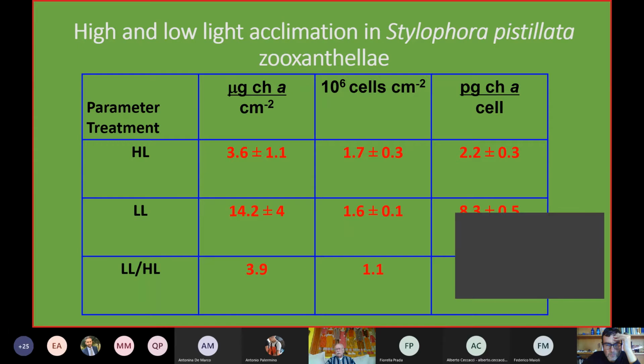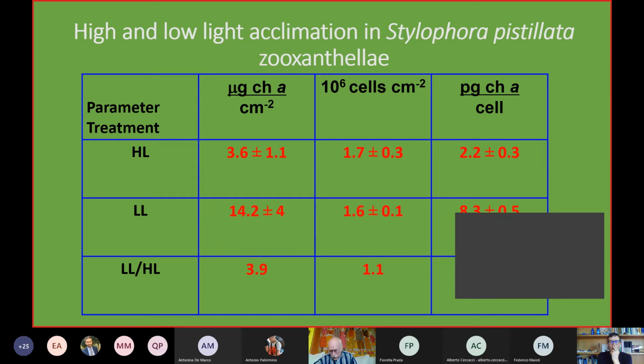Because when we looked at the almost black coral, we saw that there are 2 possibilities. That the animal facilitates to have more algae to compensate for the low light, or that the numbers do not change, but the pigmentation in the cells changes.